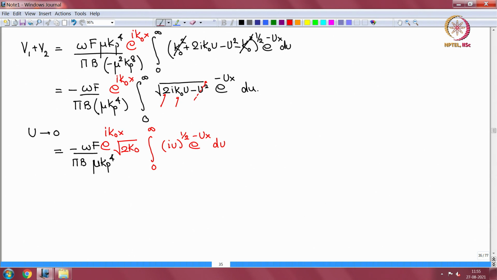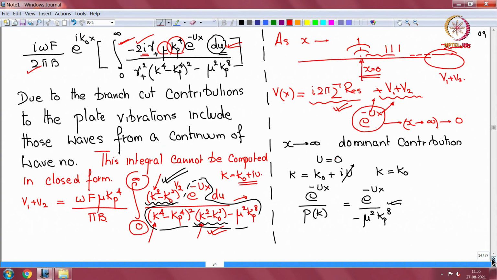So if we look at this part now, here also we forgot e to the power of i k0 x.